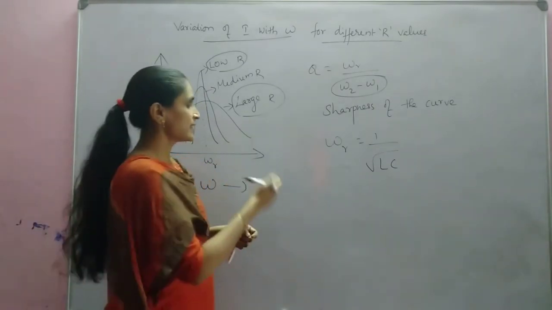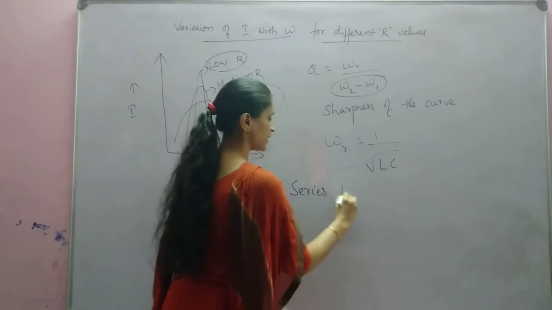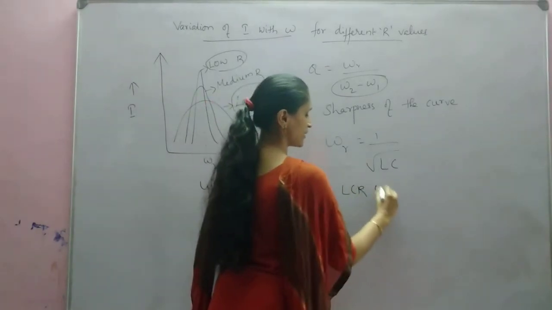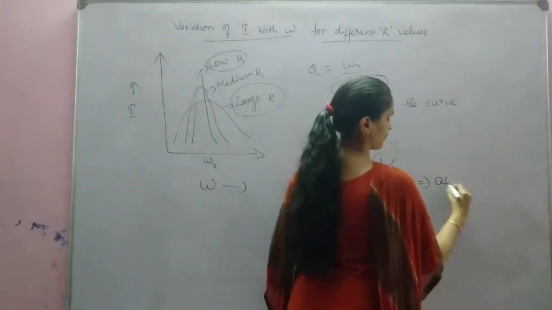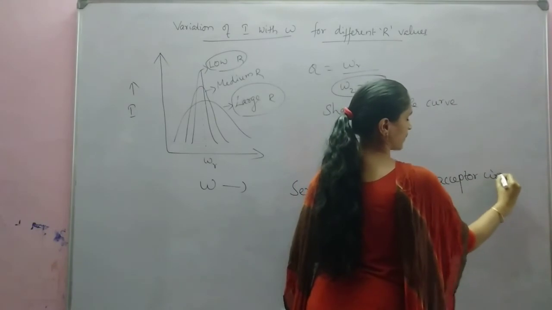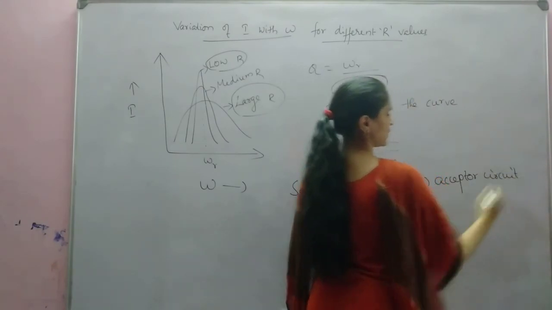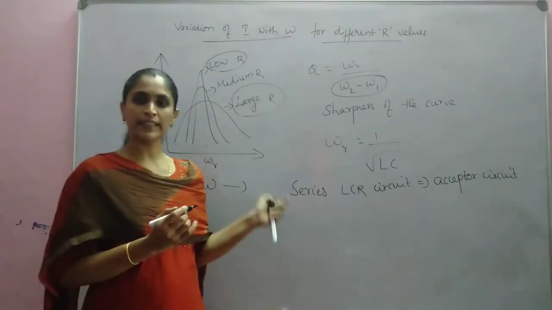So that's why the series LCR circuit is known as an acceptor circuit. Is it clear?